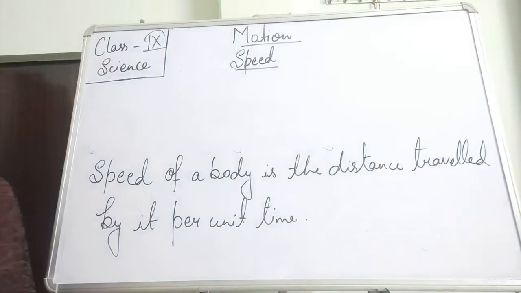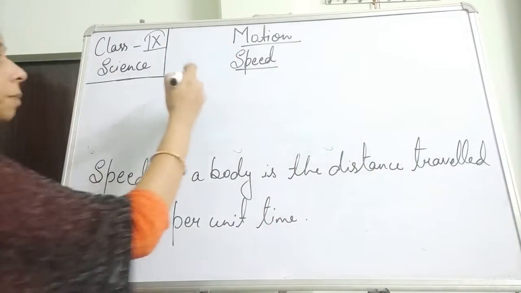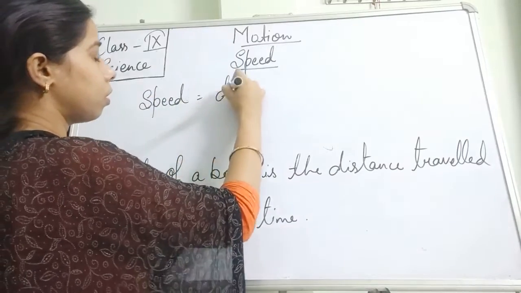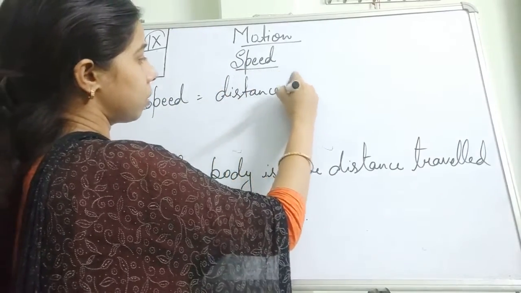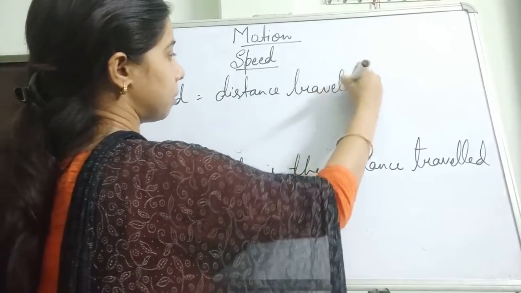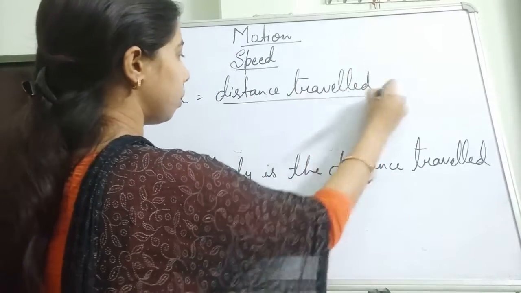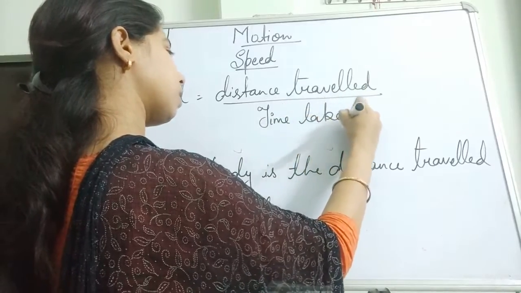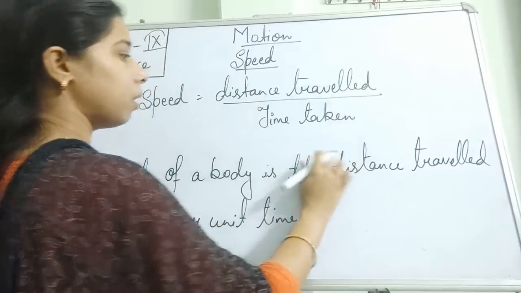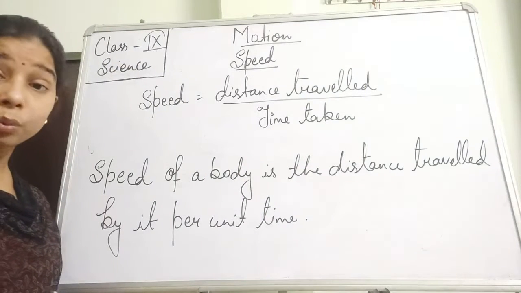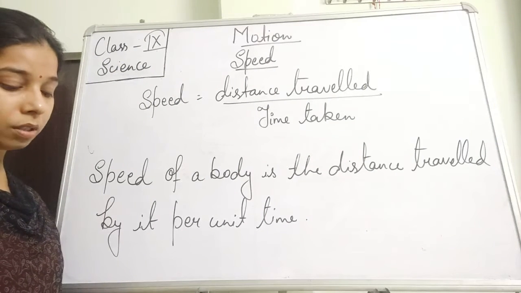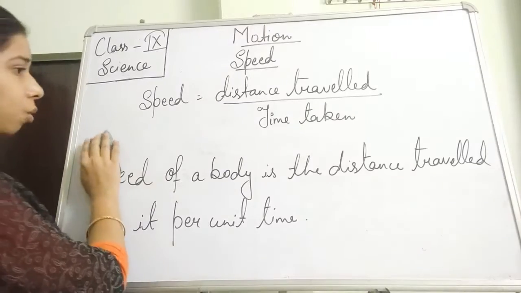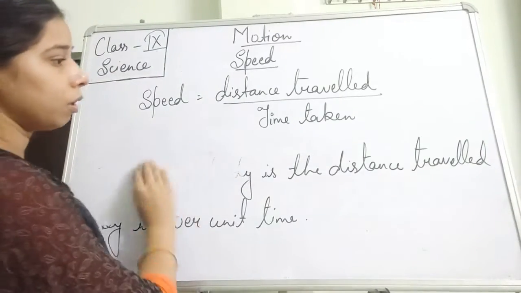Speed is equal to distance traveled upon time taken. Distance traveled upon time taken. Now we can represent speed here, students, with the help of symbols.